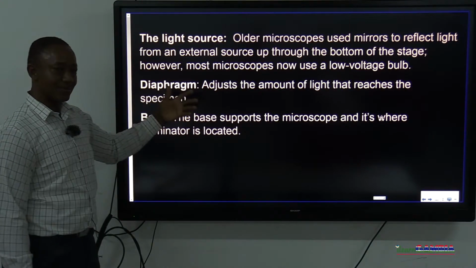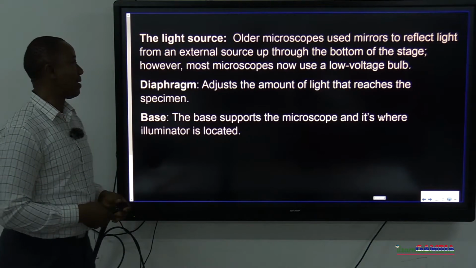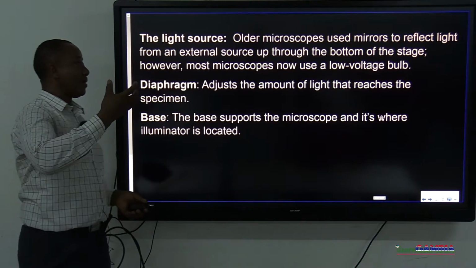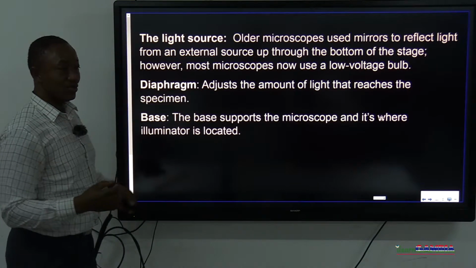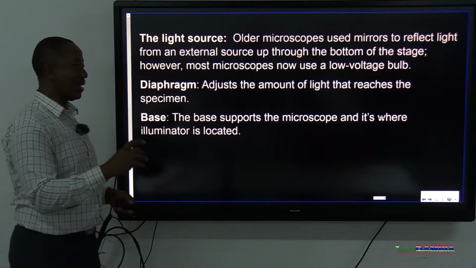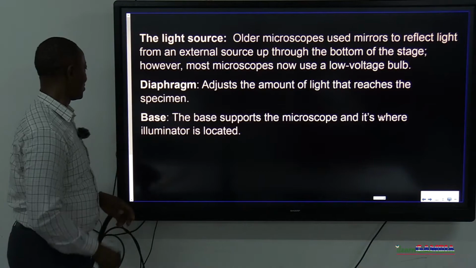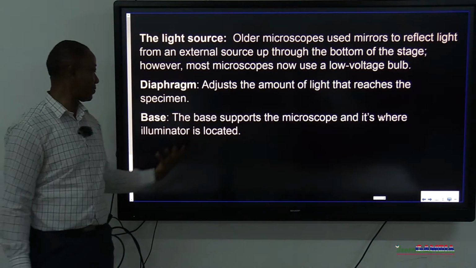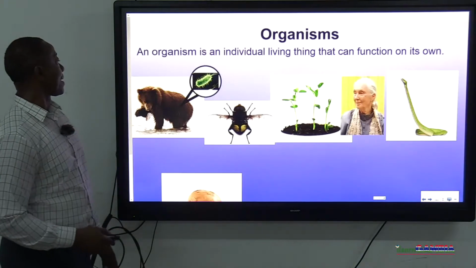The diaphragm is there for adjusting the amount of light that is needed. Again, like I was saying, the diaphragm controls the aperture. So if you need much light, it makes the aperture bigger. If you need little light, it makes it small. The base supports the microscope, and this is where the illuminator is also located.